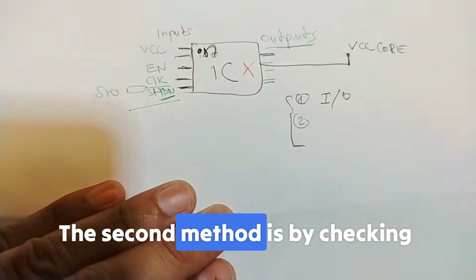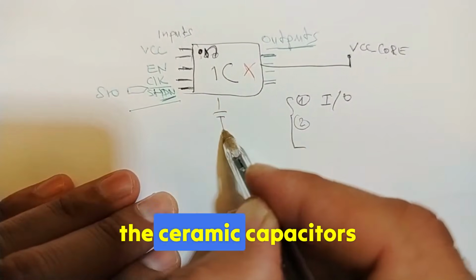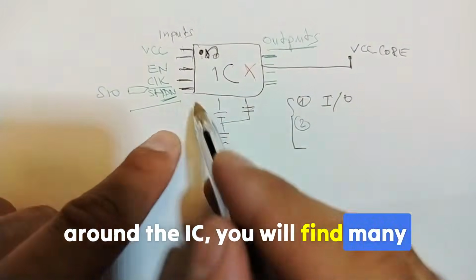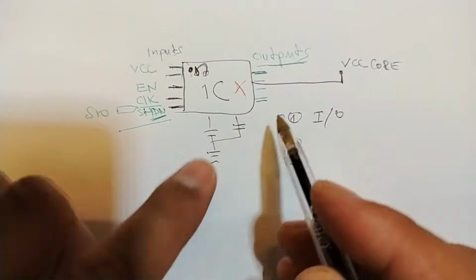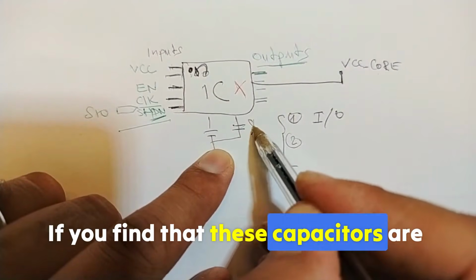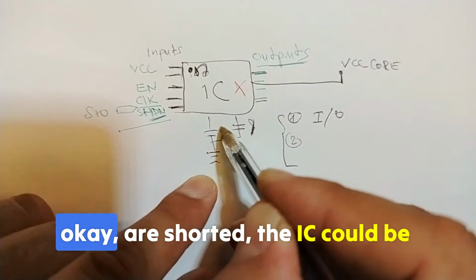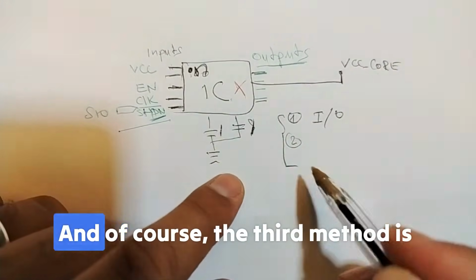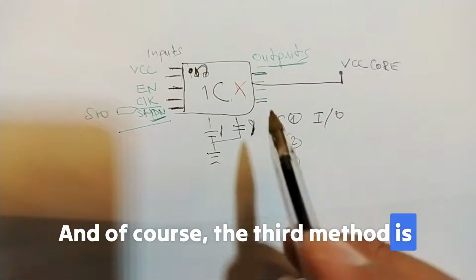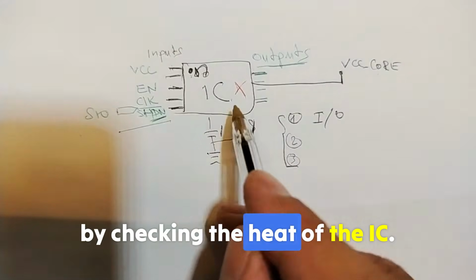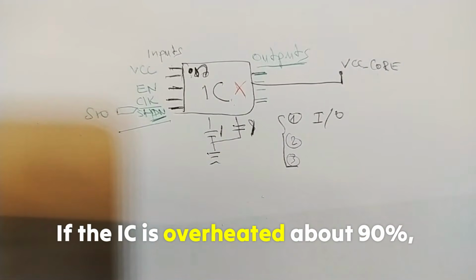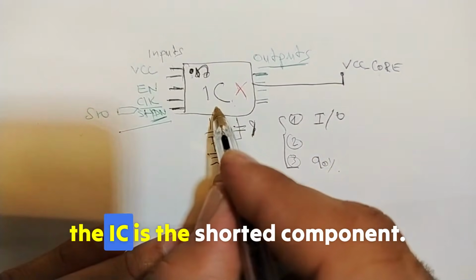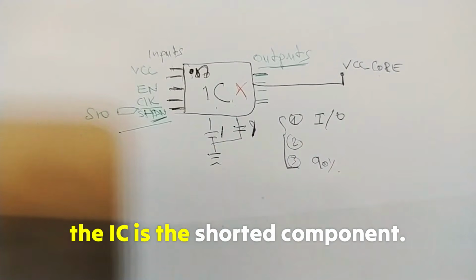The second method is checking the ceramic capacitors around the IC. You will find many ceramic capacitors around the IC. If you find that these capacitors are shorted, okay, the IC could be the shorted one. And of course, the third method is checking the heat of the IC. If the IC is overheated, about 90%, the IC is the shorted component.